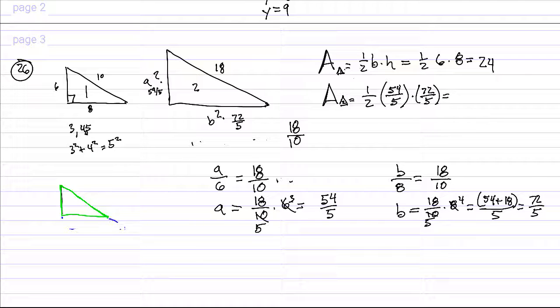This would almost extend the same length, just a little more. And you'll notice that twice the area of this would just be this rectangle. Likewise, twice the area here would be this rectangle.